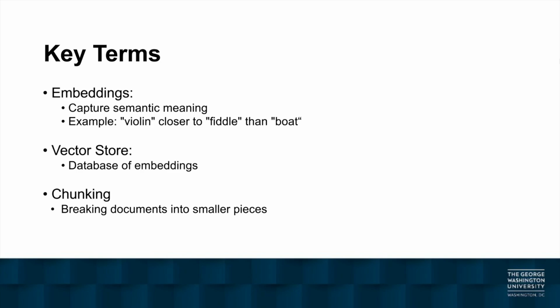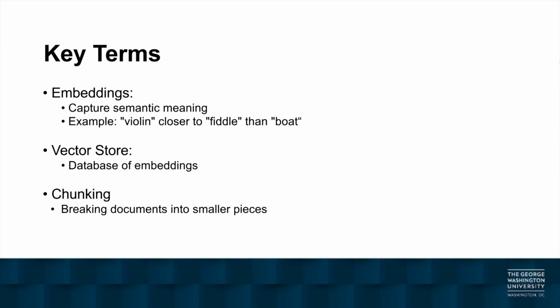So embeddings capture semantic meaning. A vector store, number two, is like a special catalog that uses these number representations to find similar documents. So instead of just matching exact words, it can also find related concepts.